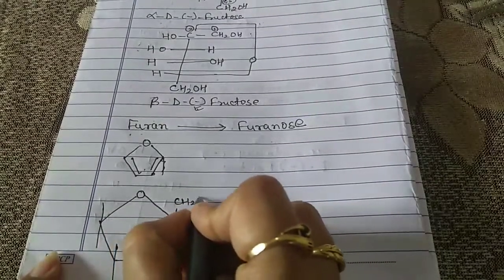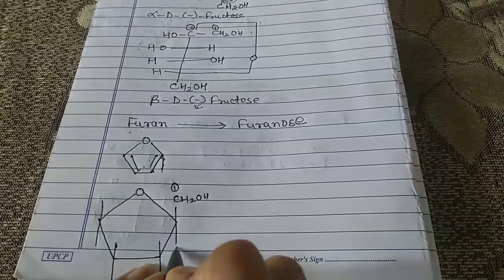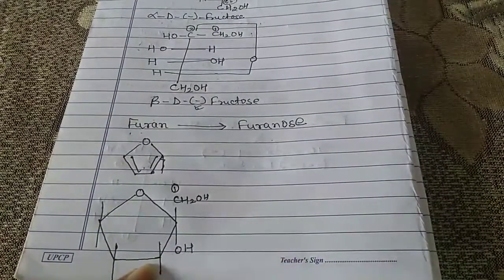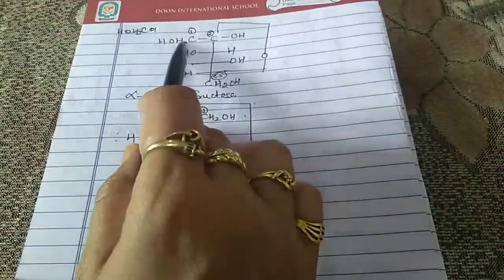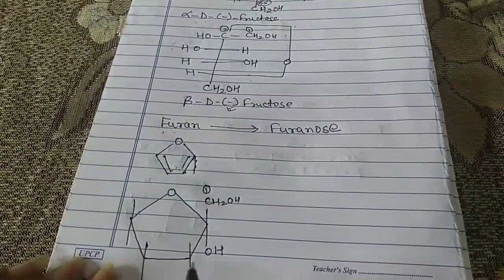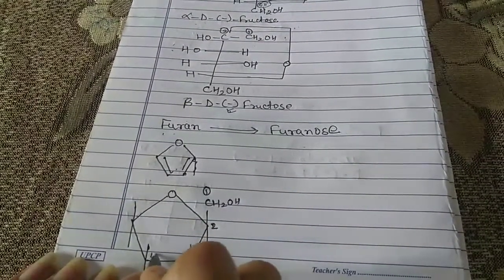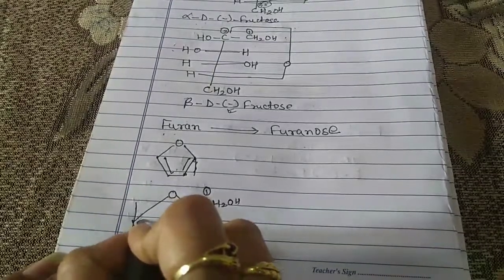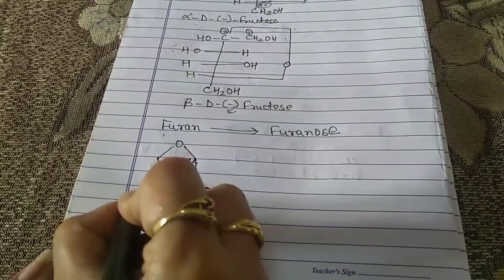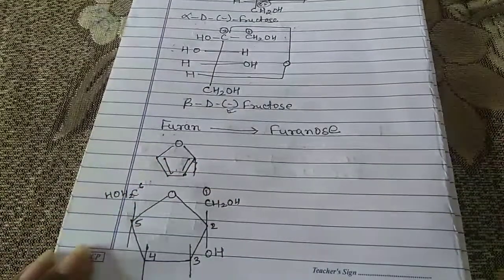That is CH2OH. This is one carbon atom. Here OH, CH2OH. Here OH. This is 2nd carbon atom, this is 3rd, this is 4th, this is 5th carbon atom. And at last we have CH2OH. This is 6th carbon atom.